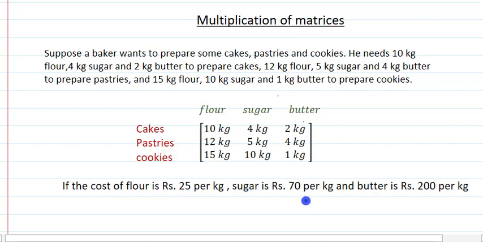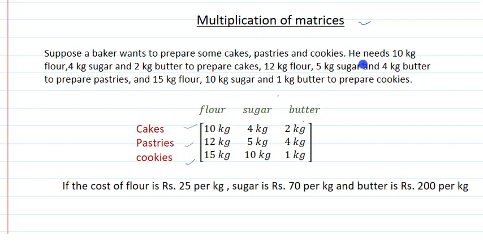He needs to find out the cost for preparing cakes, pastries and cookies separately. So let us discuss this problem, and we can solve it by using multiplication of matrices. Let us see how multiplication of matrices helps the baker find the cost.